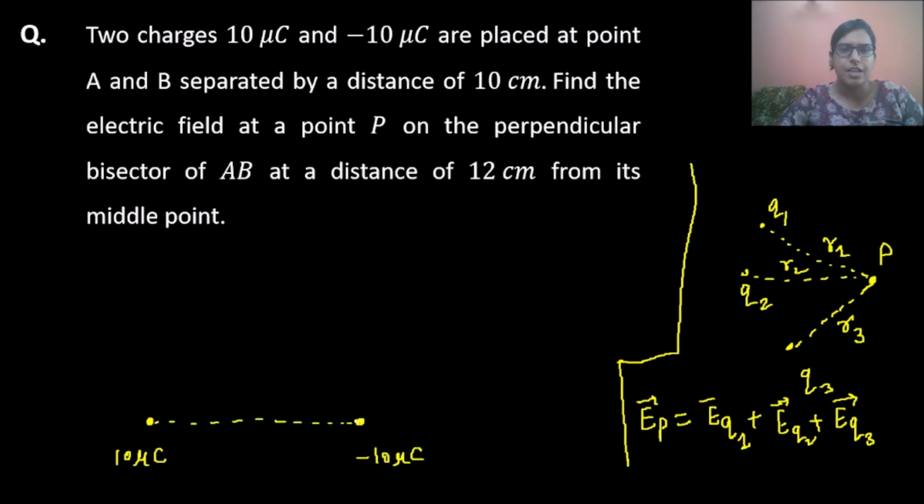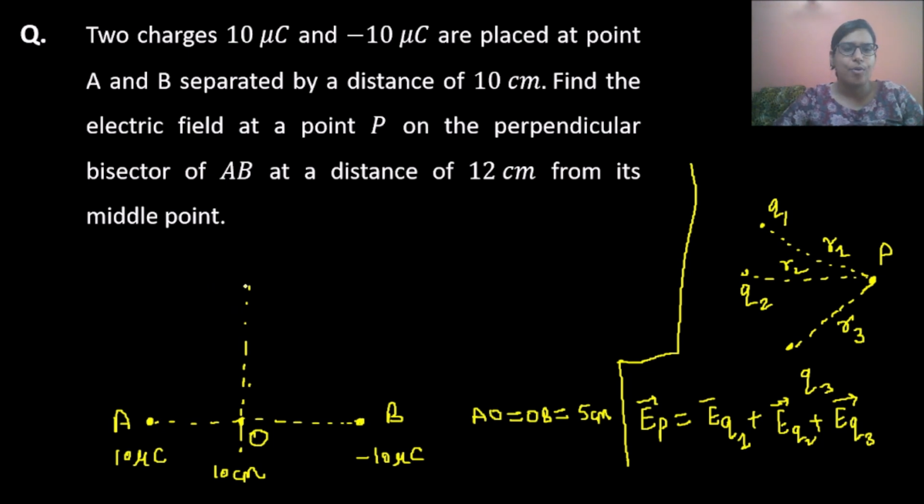And this distance is also given, 10 centimeter. Now perpendicular bisector. Suppose this is the perpendicular bisector and this point is O, then AO equals OB and that equals 5 centimeter.